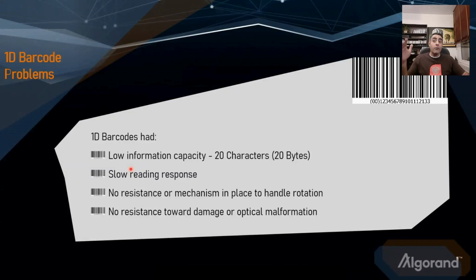So for other problems that the good old barcodes did carry, they didn't have any sort of resistance toward the rotation, changing the position of the barcode label. They didn't have any resistance toward that.